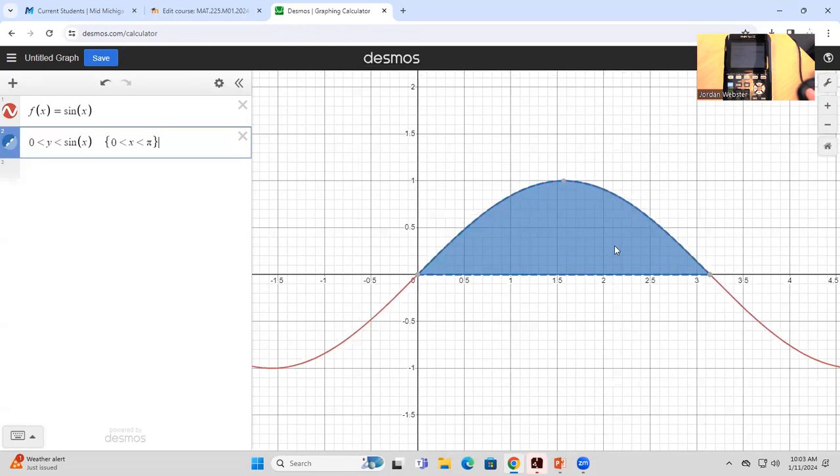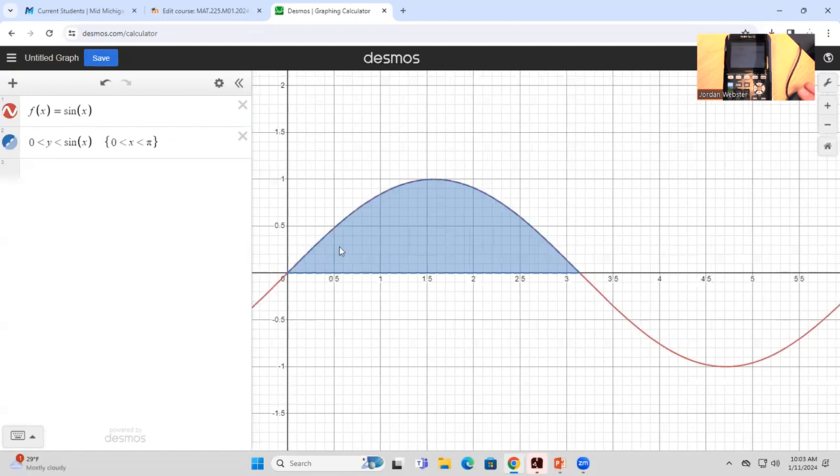So if you scroll in, it's the area between the curve and the x-axis. That is not a nice geometrical figure, right? It's not a circle, it's not a triangle, it's not anything we have a formula for.